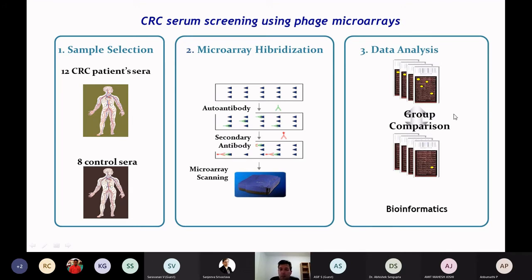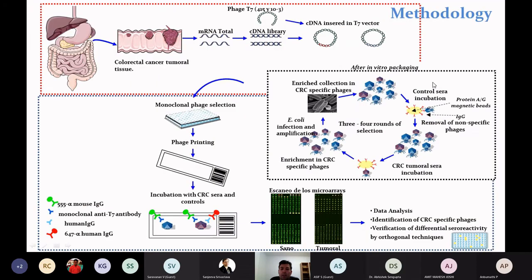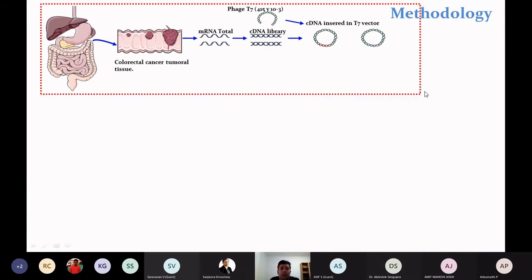After that, comparing the control group and the cancer patients informatically, we identify the specific proteins targeted by autoantibodies in the disease. And how do we work with this methodology with a phage collection?